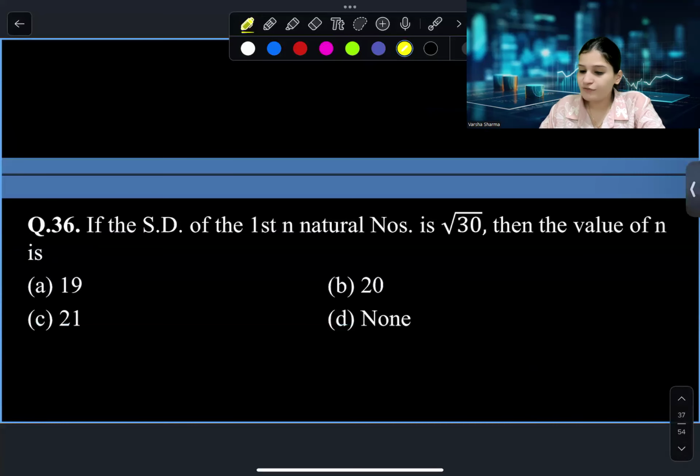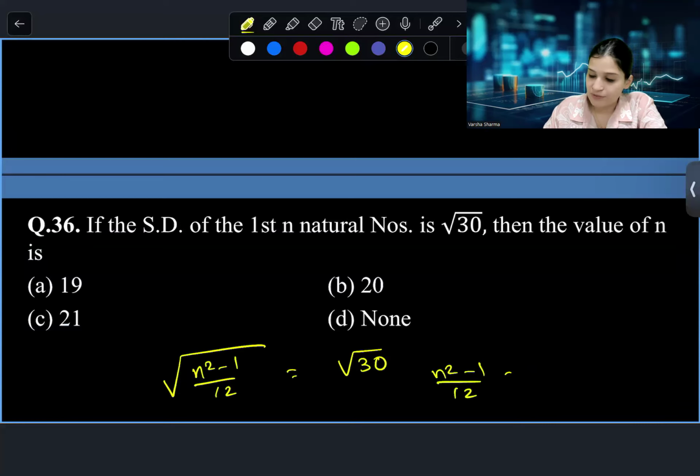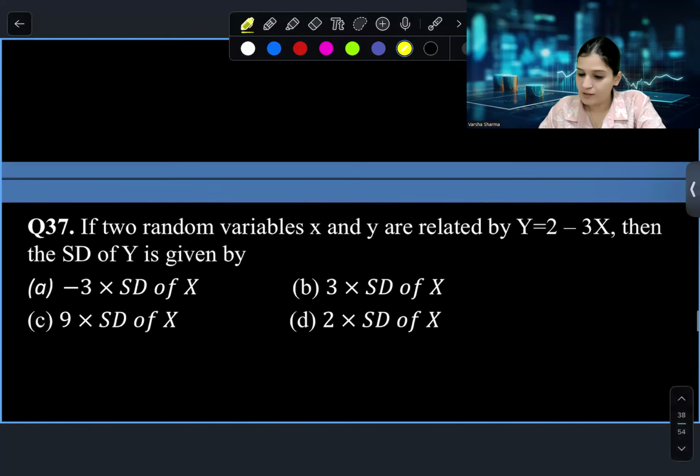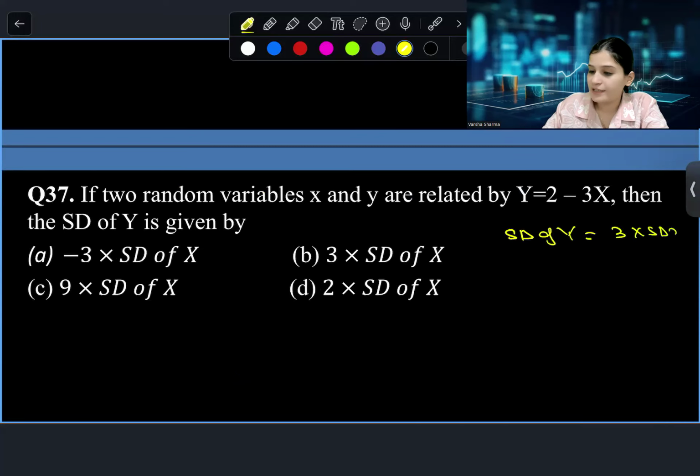If the standard deviation of first n natural numbers, that is n square minus 1 by 12, is equal to root 30, so n square minus 1 by 12 is 30. We need to find out the value of n. 19. If two random variables x and y are related by this, then standard deviation of y: only the multiplication matters. 3 into standard deviation of x.